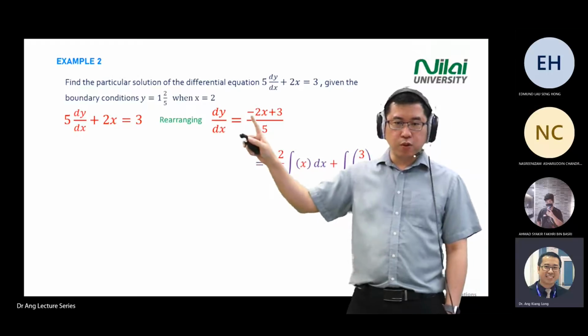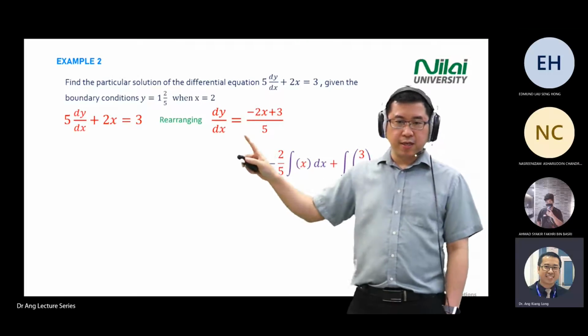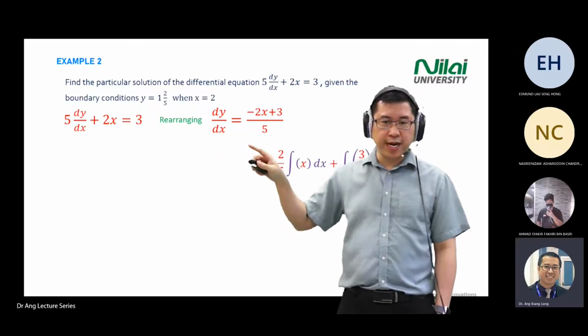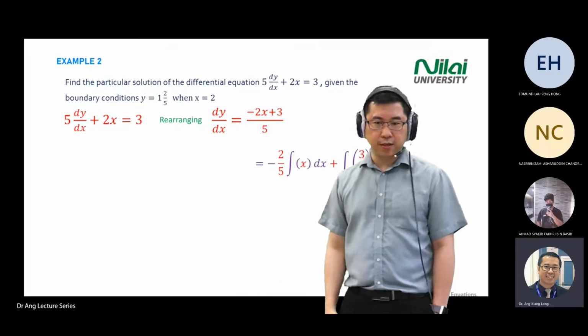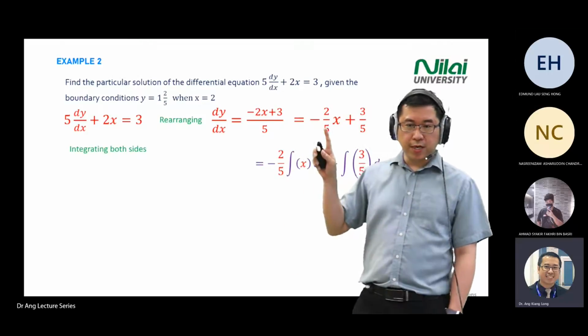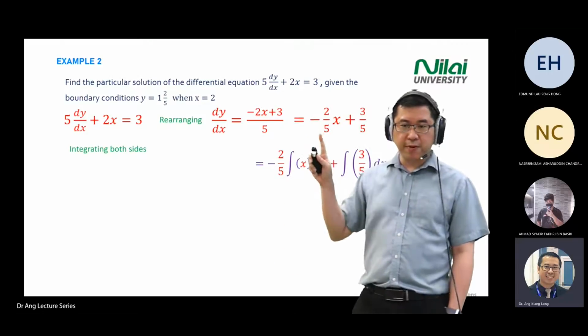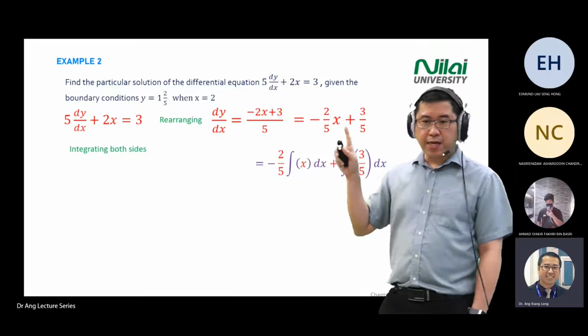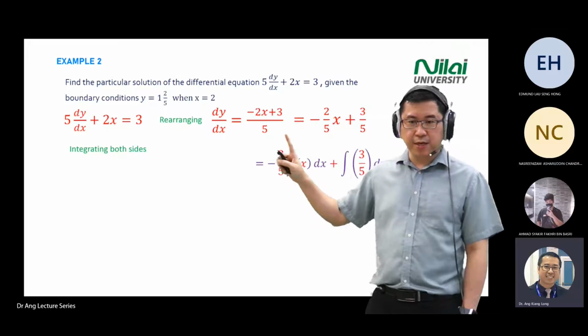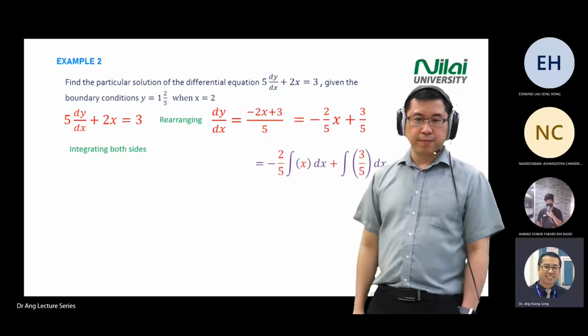Okay, dy equal to this whole thing, dx, and then you put in the integration. After you get dy dx, next step is to do integration. Okay, this one you break into this one, you get minus 2 divided by 5x plus 3 divided by 5. You should be able to understand from here to here.